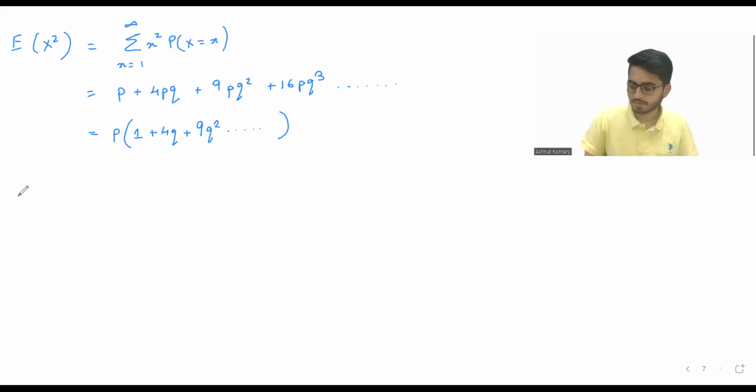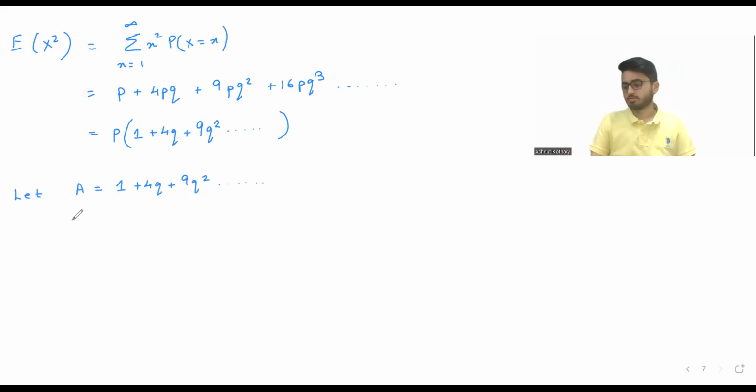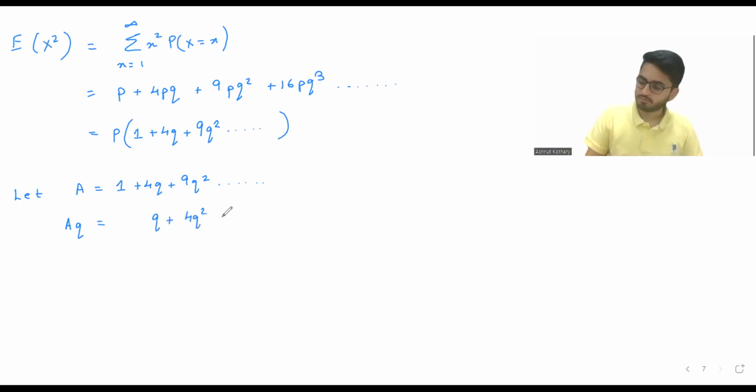So now let A equal 1 plus 4q plus 9q square, and so on. Again, the standard technique is first I will multiply by q. And what I get is q plus 4q square, and so on.